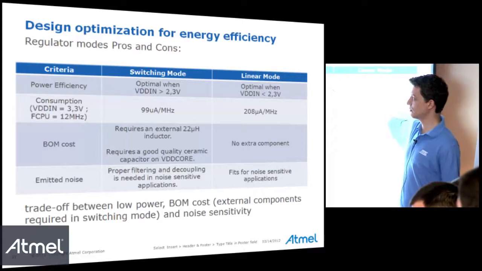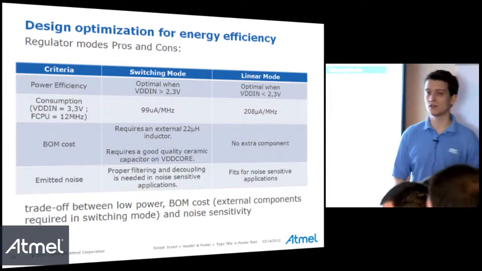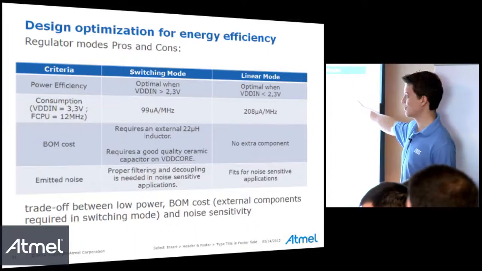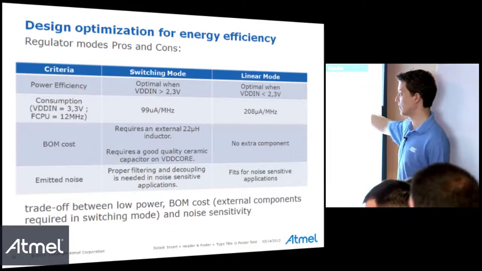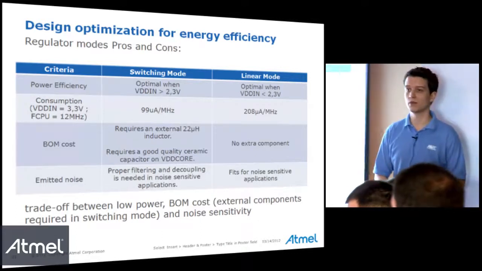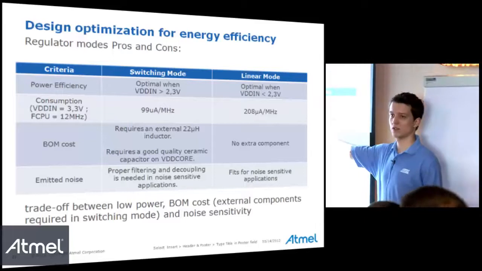In switching mode, which is the appropriate mode, I have 99 microamps per megahertz. If I switch to linear mode and I stay at 3.3 volts, in linear mode I have 208 microamps. So you can see it really depends on the voltage.